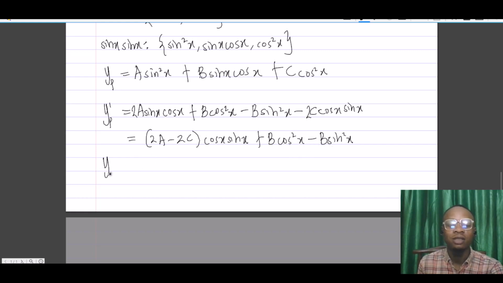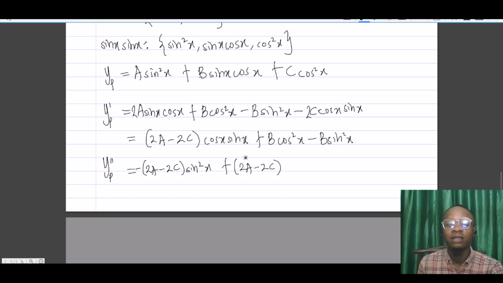So this is going to be yp prime prime, because we need the second derivative as well. So we'll differentiate this again for cos x sine x. So this is going to be 2a minus 2c, just reproducing the coefficients. Derivative of cos x is minus sine x, so that's minus sine squared x. Then the coefficient again, that is 2a minus 2c.